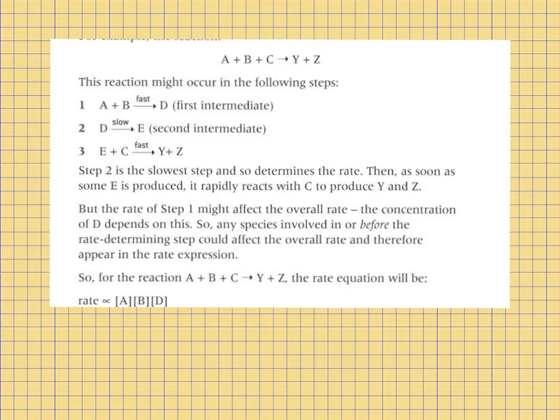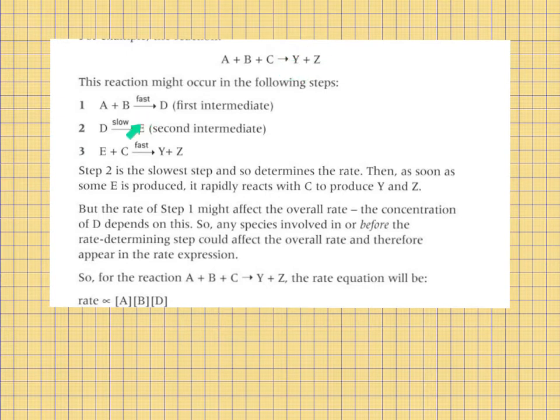So say, for example, in the first step, A and B react together to form an intermediate D. Notice that this intermediate doesn't appear in the reactants. And that tells us that the intermediate, this species D, is going to get mopped up in the next step. So in the next step, D could get converted to E. And E is a second intermediate, which again doesn't appear in the products.